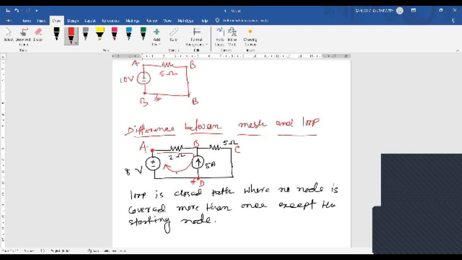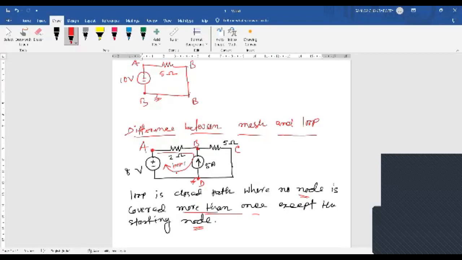That is the meaning. No node is covered more than once except the starting node. If I start from here and want to complete the circuit, I have to come back to my starting point, so the starting node is covered twice. Other than the starting node, no other node in the loop will be covered twice. So this is one loop.